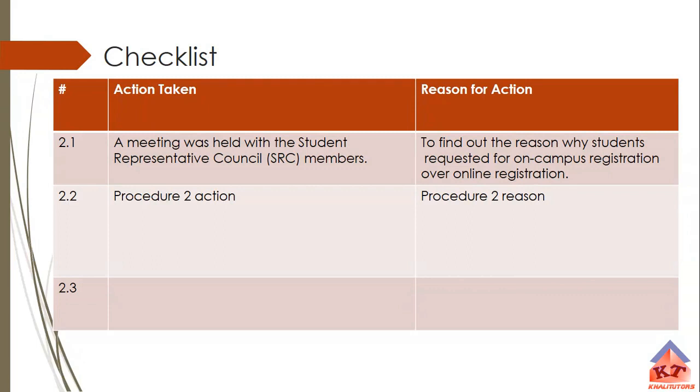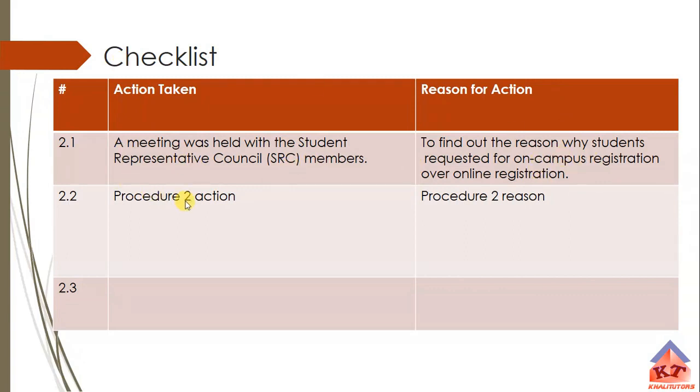So in this particular section of the investigative report, I'd actually create a table with three columns, 1 2 3, to make sure that I have my numbering, and then to state the action that I took, and also to state the reason for taking this particular action.